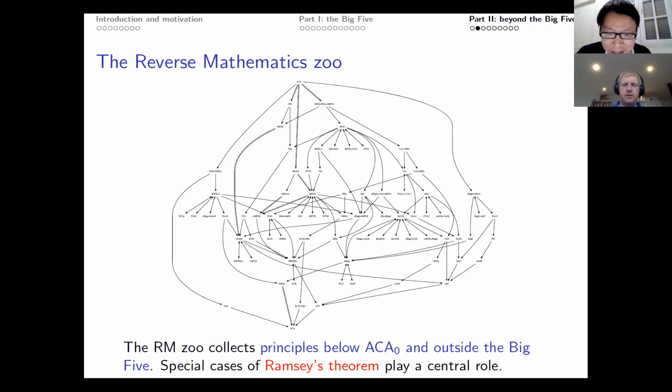Okay. So you think that in this map, some systems are not comparable, right? Yeah. The main source is Ramsey's theorem, for example, Ramsey's theorem for pairs and two colors, and many variations and special cases. This is somehow different from WKL. But again, this is Ramsey's theorem, so we can color infinite countable sets.